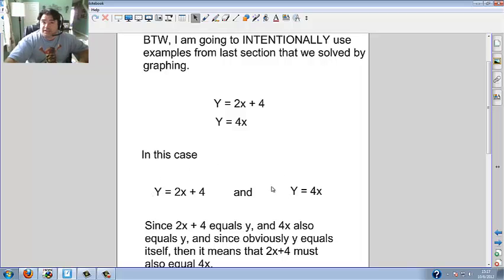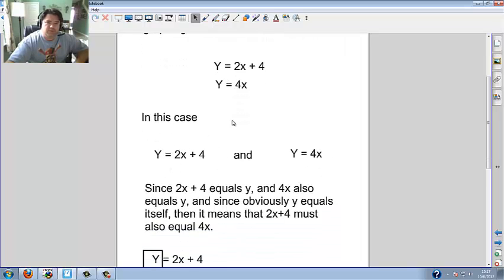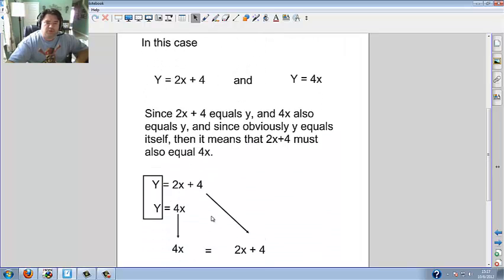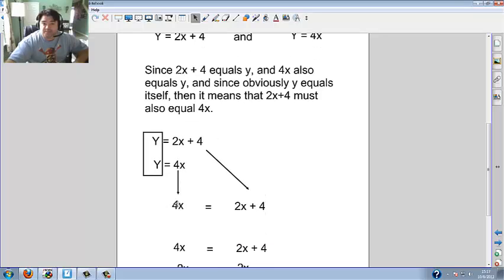Well, I don't know what y is again, but I do know that 2x plus 4 happens to equal y, as does 4x. And since they both equal y, they both must equal each other. So 2x plus 4 will equal 4x.